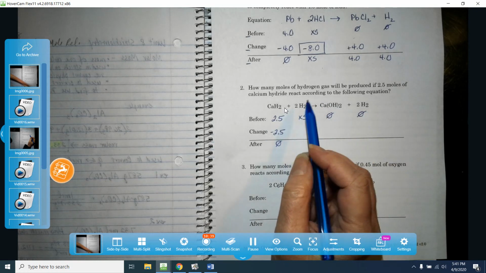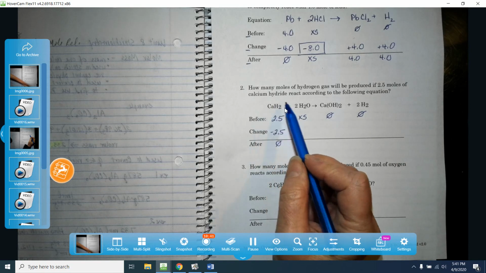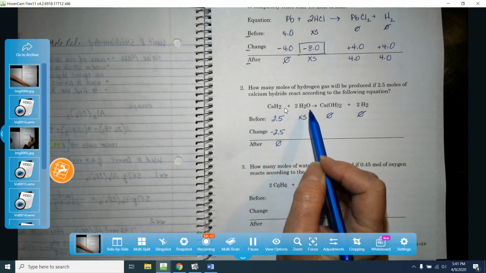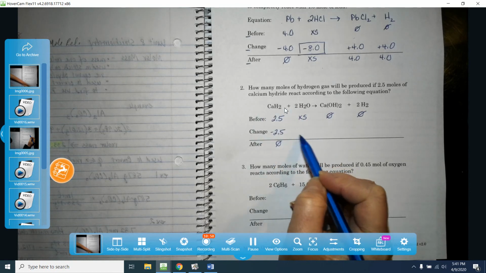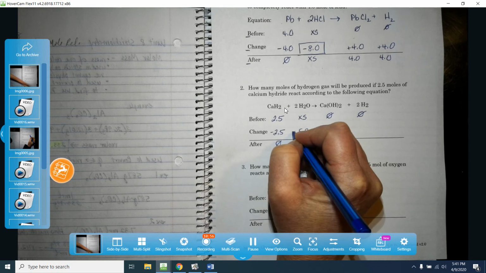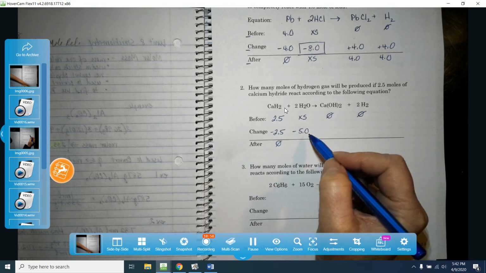So if I had one of these, I'm going to need twice as many of these to react with it. So it's a 2-to-1 ratio. Therefore, this is going to be twice as much as that. And what's twice as much as 2.5? Well, 5.0. Okay, and we're going to be using that up because that is a reactant.